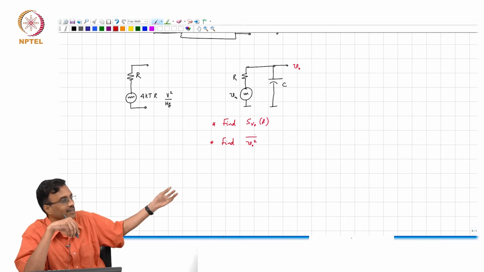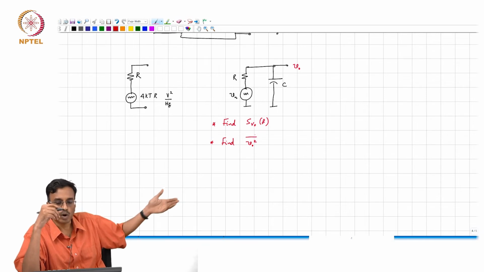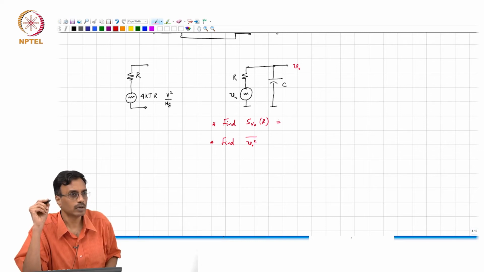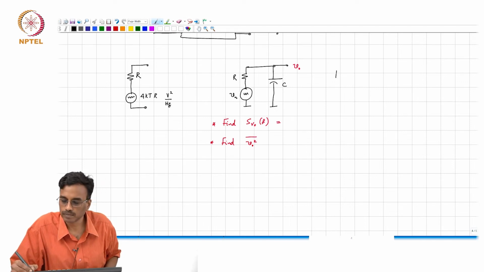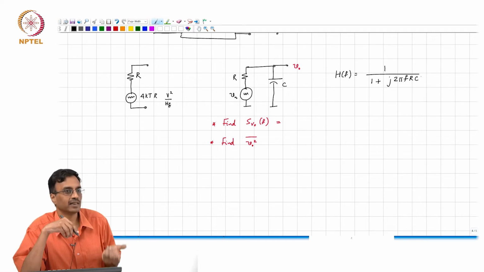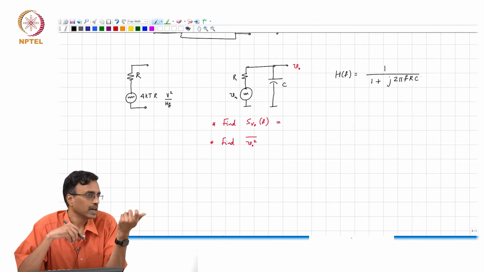So, how do you propose that we find SVO of f? Well, that voltage Vn is there. There is an RC filter. So, what comment can you make about the transfer function from Vn to Vo? The transfer function h of f is 1 over 1 plus j 2 pi FRC. So, the output spectral density is mod h of f the whole square times the input spectral density.